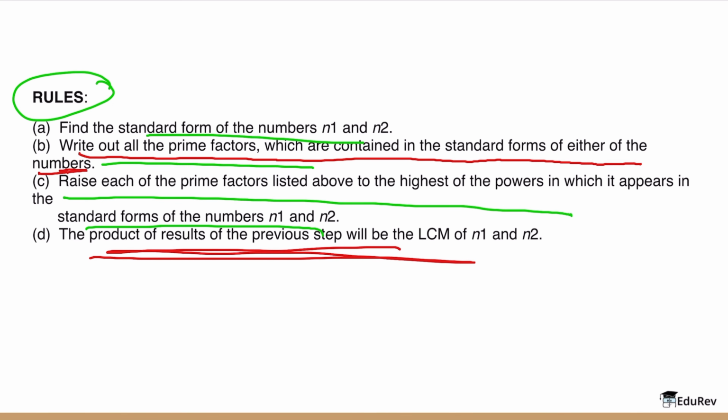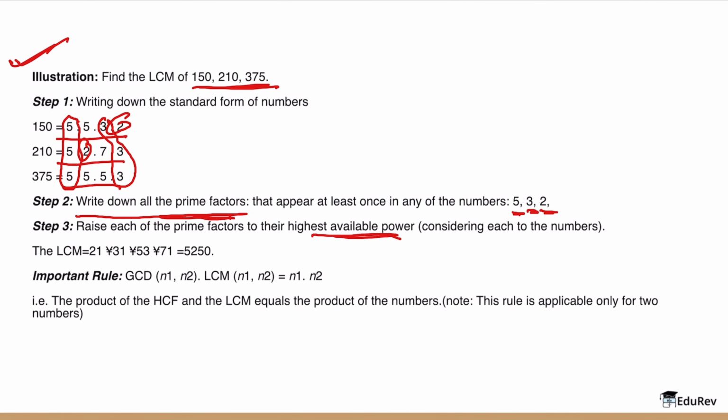So I need to take from either of those numbers, and write down all the prime factors that appear at least once in any of the numbers. Correct? Yes.